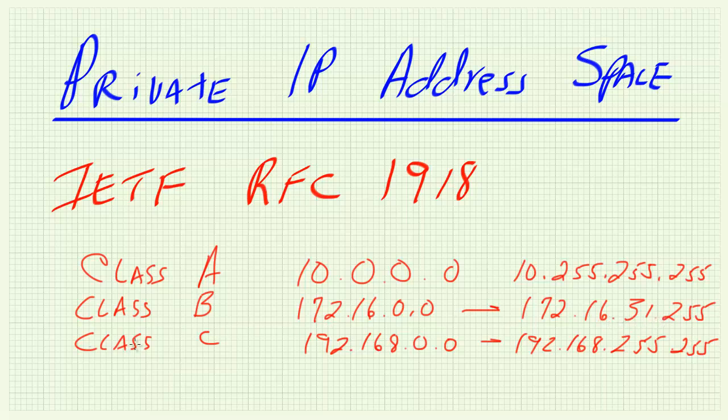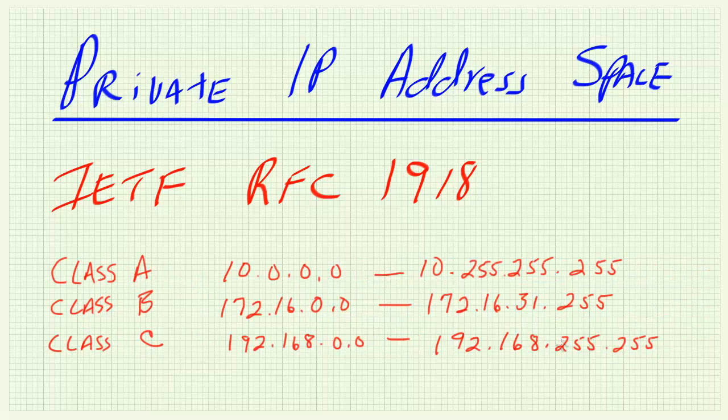And there's a Class C private IP address space that begins at 192.168.0.0 and extends all the way to 192.168.255.255. An organization is free to choose any of these private IP address space ranges and use them in their private networks in whatever way they see fit.